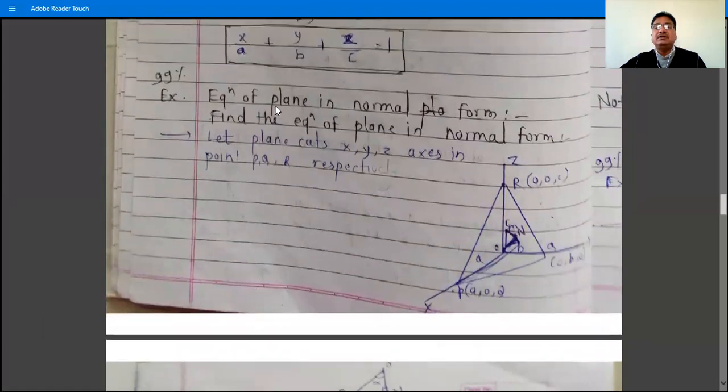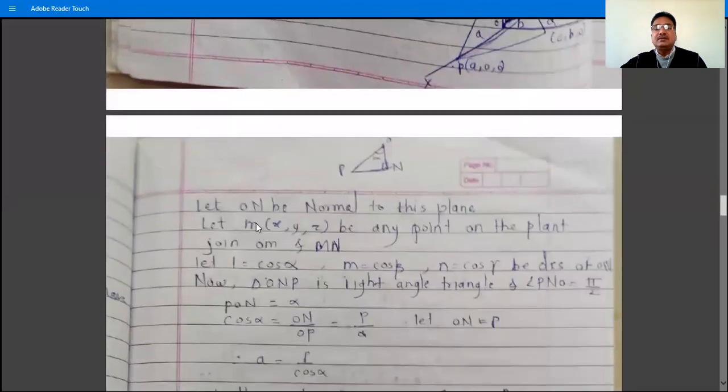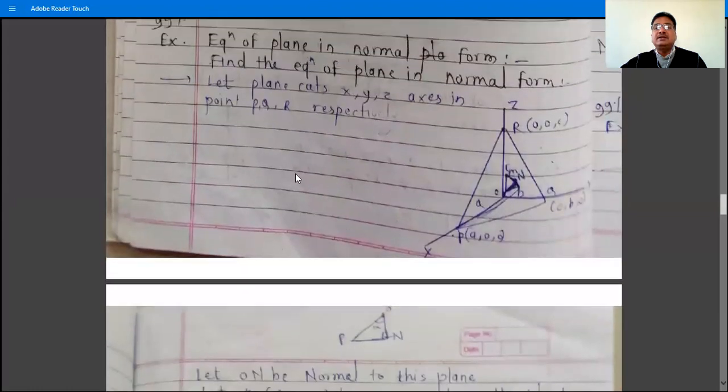So the question is: find the equation of the plane in normal form. This is also important. Let the plane cut the x, y, z axes in the points P, Q, R. So show this plane as a triangle. Suppose this plane cuts the x-axis in the point P, the y-axis in the point Q, and the z-axis in the point R. The next sentence is: suppose the plane makes intercepts small a, small b, and small c on the x, y, z axes.